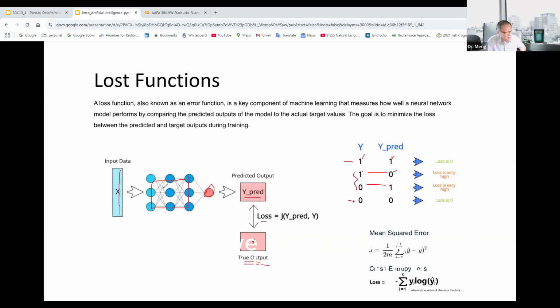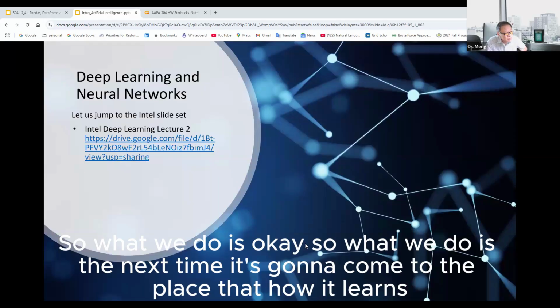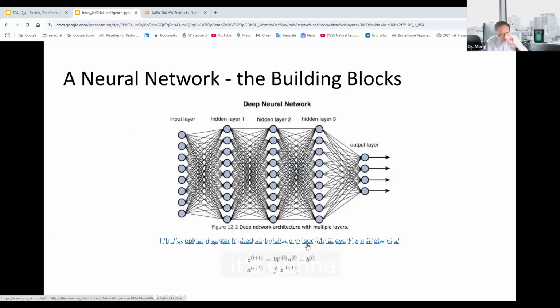Look at here. If we know where we were not correct, that is the time we're going to adjust the parameters. That means the parameters were not good enough, at least. So the next step is how it learns, how the neuron adjusts their weights.